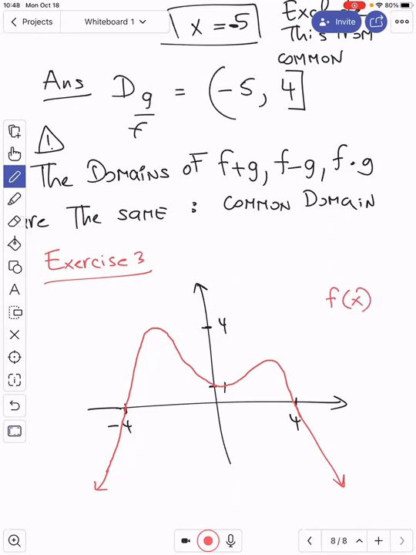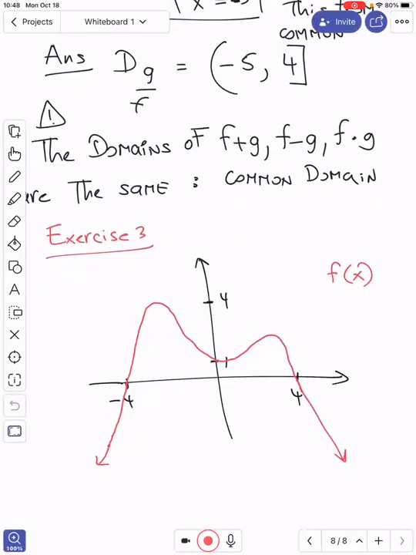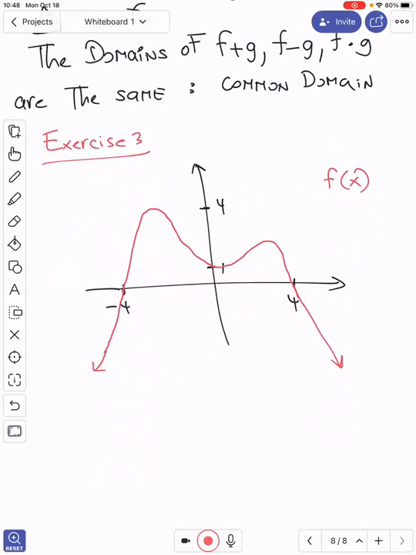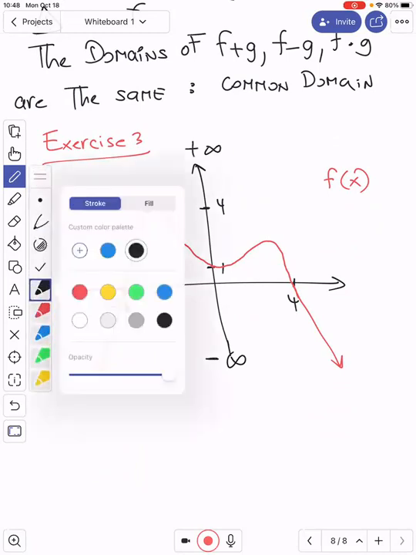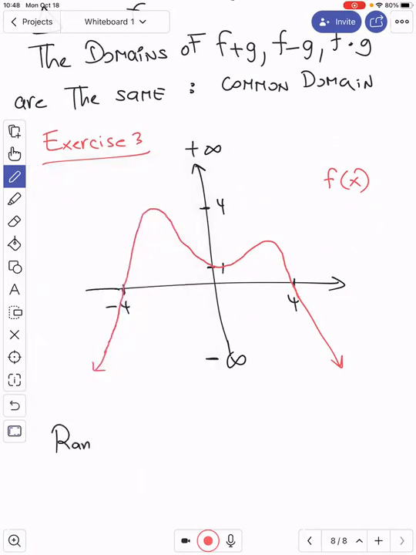All right, the range, guys. We want to find the range of a function using the graph. So I'm going to need negative infinity right here and positive infinity. So for the range, guys, we have to use horizontal lines, and you need to go from the bottom to the top. The idea is that if your horizontal line intersects the graph, then your y is included in the range.